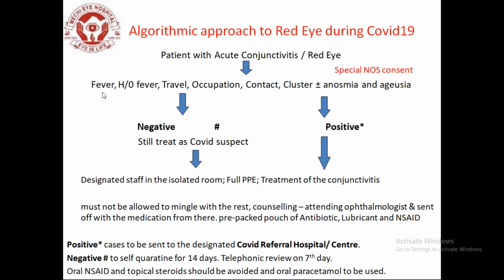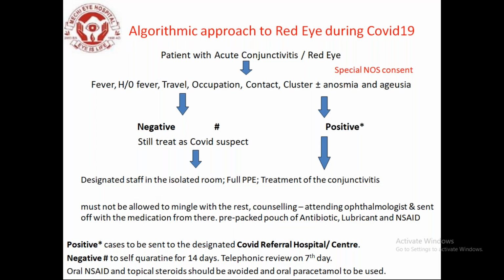So for treating red eye in this COVID pandemic area, there should be an isolated room. The person treating should wear full PPE and should give the treatment of conjunctivitis. And also, the patient should not be allowed to mix with the rest of the patients.